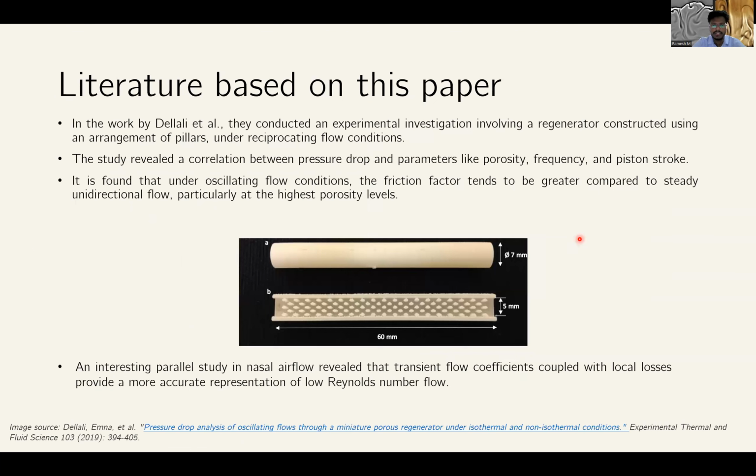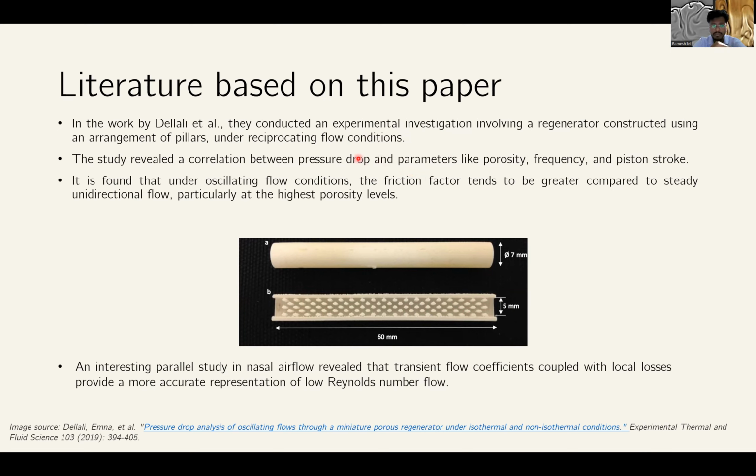Later, after this paper came out in 2004, a few studies have been done based on this paper also. The work by Delay concluded an experimental investigation involving a regenerator constructed using an arrangement of pillars. He made this arrangement and analyzed oscillating flow conditions, the pressure drop, and he formulated a few links between parameters.